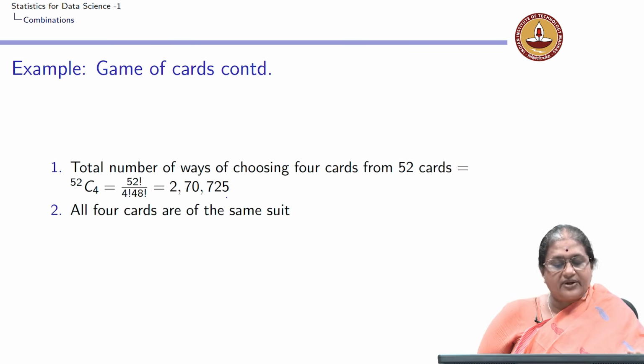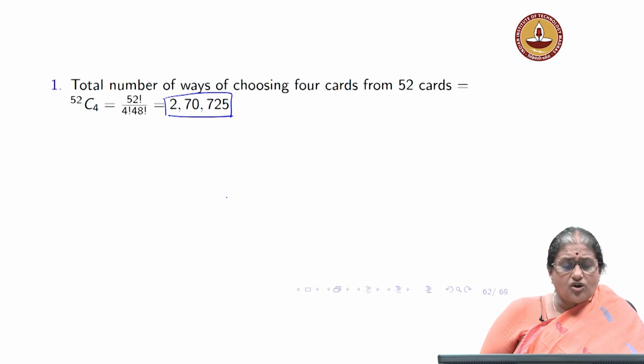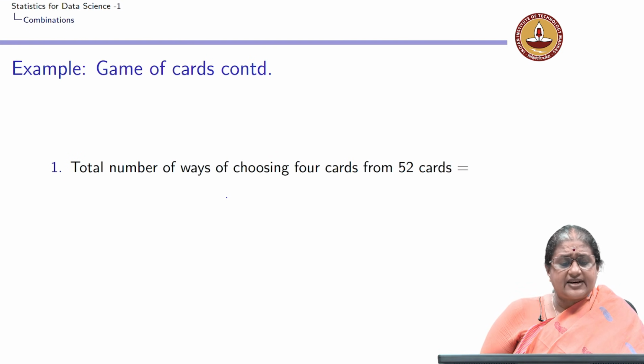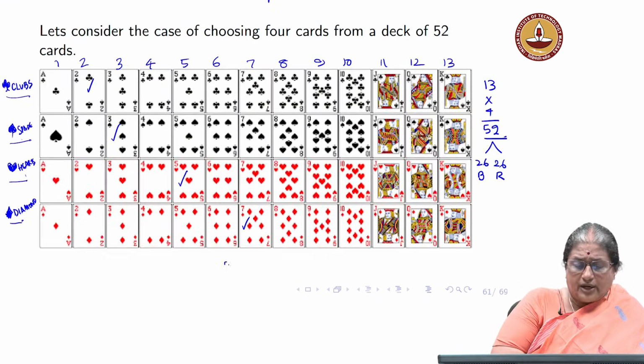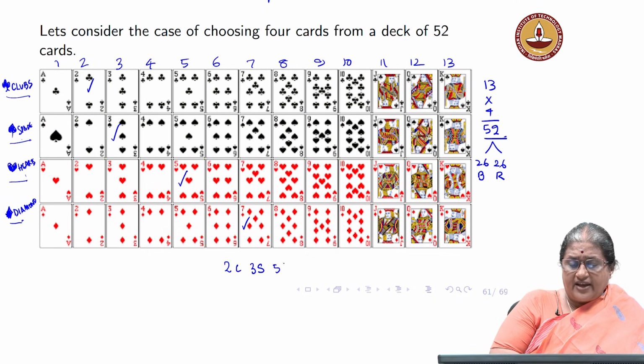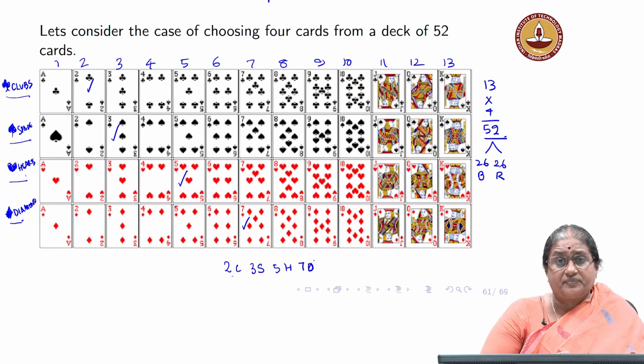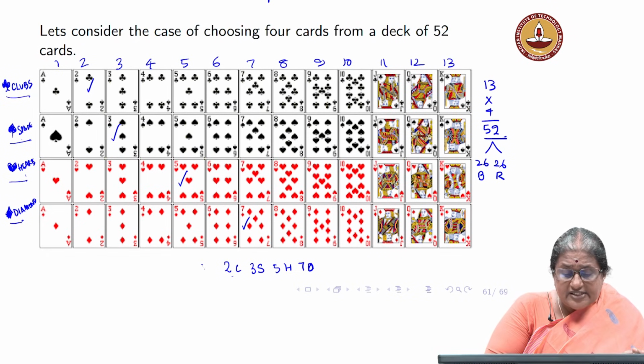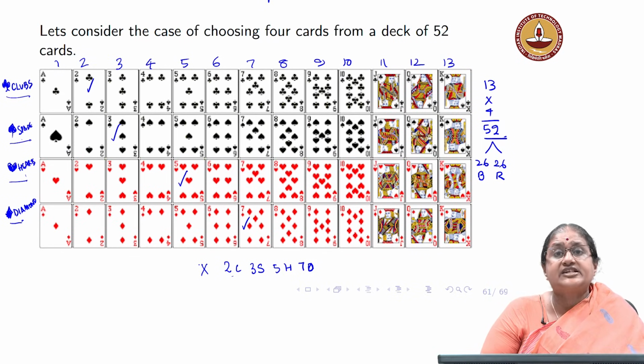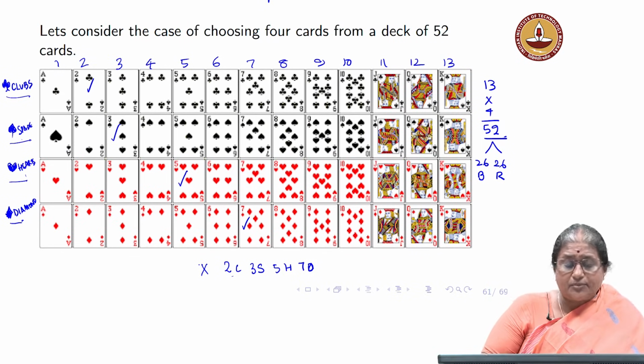Now, suppose I say that all the 4 cards are of the same suit. Let us go back. Earlier I said let us choose a 2 of clubs, 3 of spades, 5 of hearts and 7 of diamonds. You can see that all these 4 cards are of different suits. I do not want this. This is not an acceptable selection for me. What is acceptable?